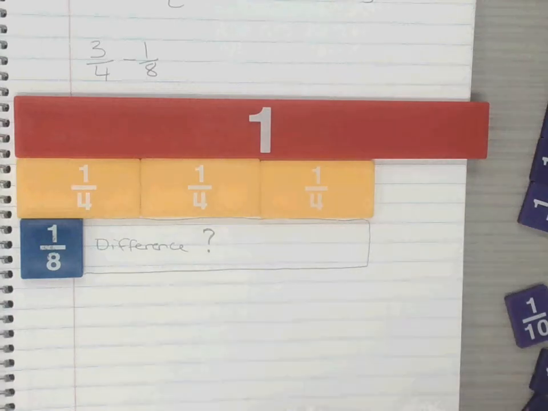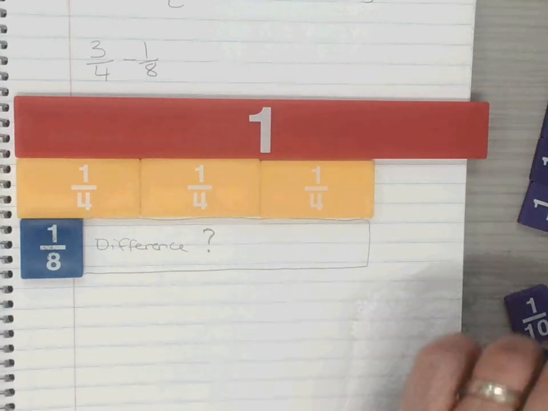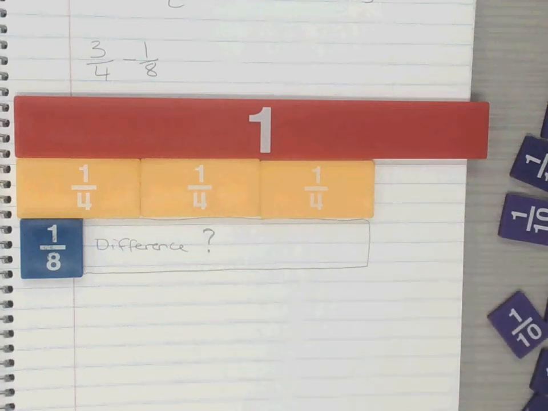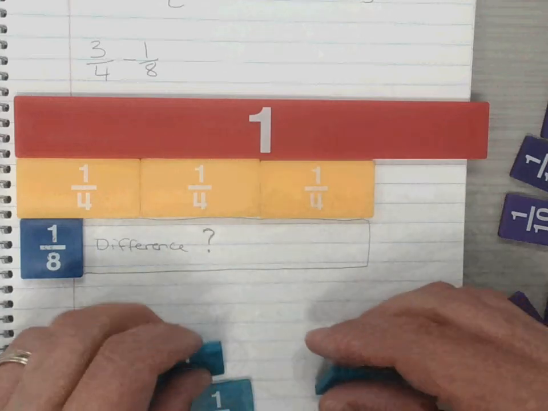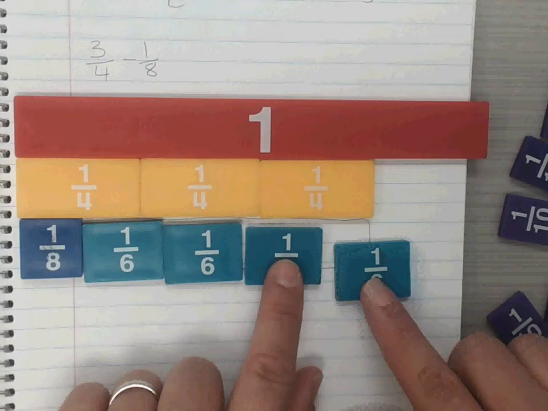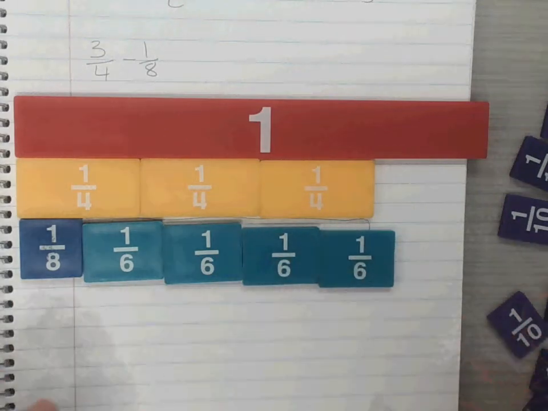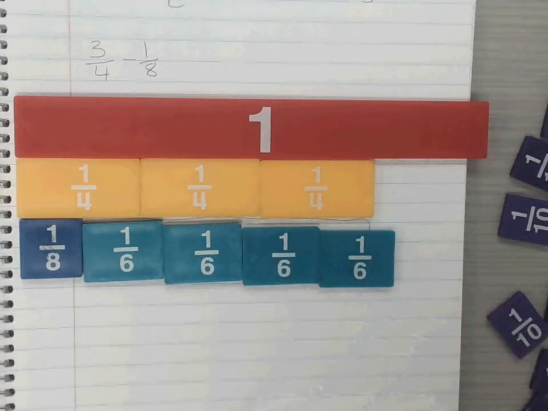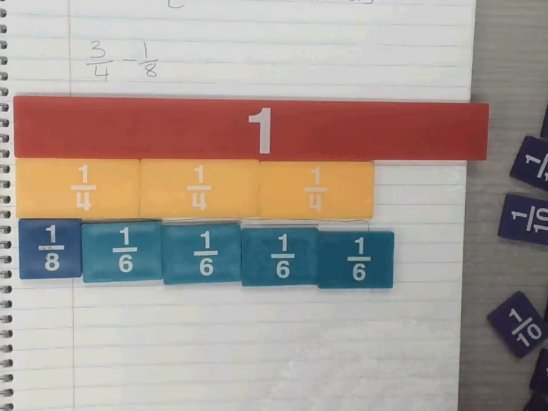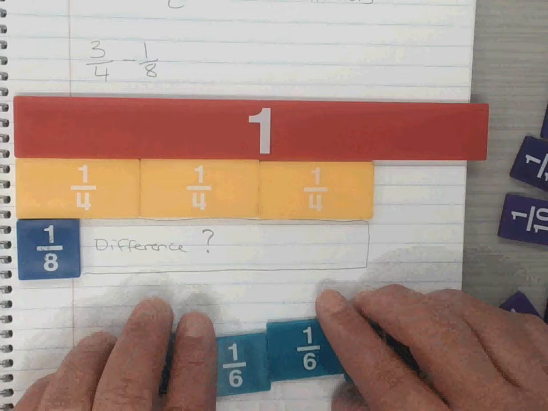And again, we need to figure that out with equal denominators. So let's try something real quick. Let's see what fits in that difference that would make it equal. Well, as you can see, 6 will not work because it's going past my 3/4 here. So 6 won't work. What else will work?